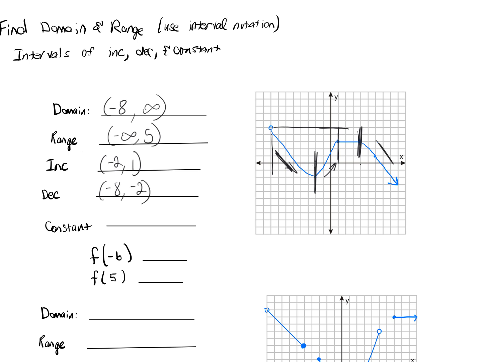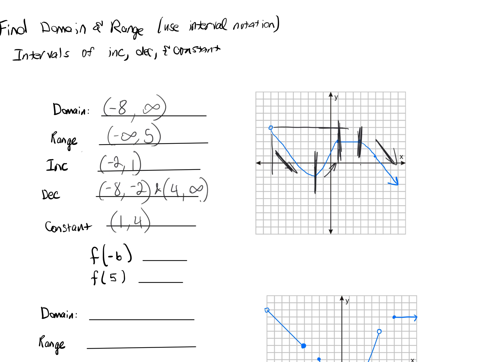And we have the other decreasing segment right here, which is going to be 4 to infinity. And then we have a constant. This will be this flat section right here. So it's going to be from 1 to 4.